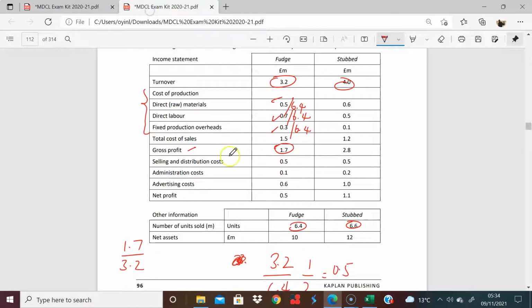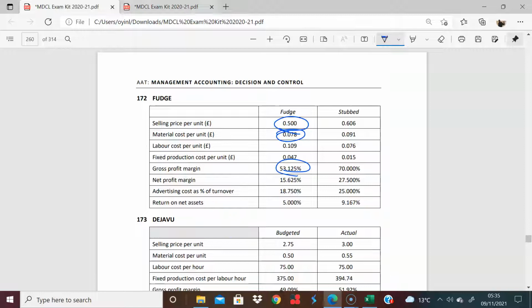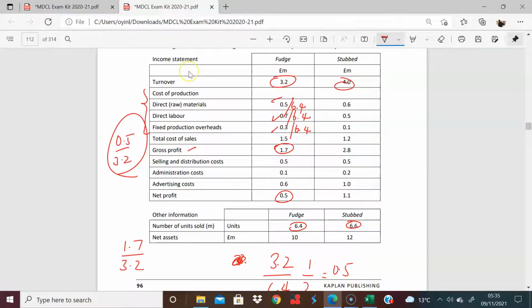Then your net profit margin will be 0.5 divided by 3.2, exactly the same process, and so you have 15.6%.